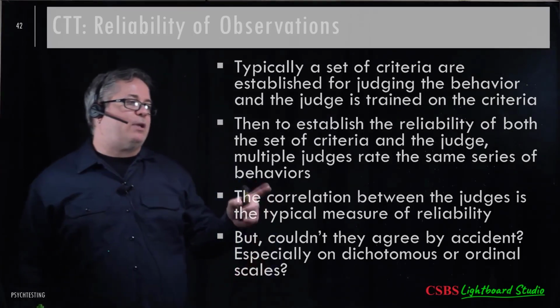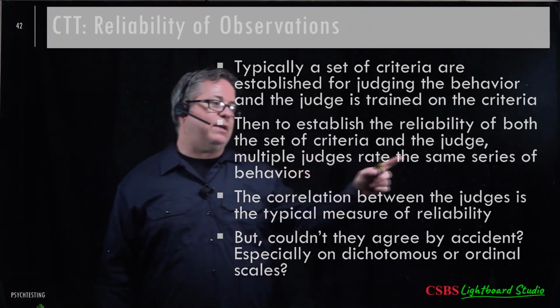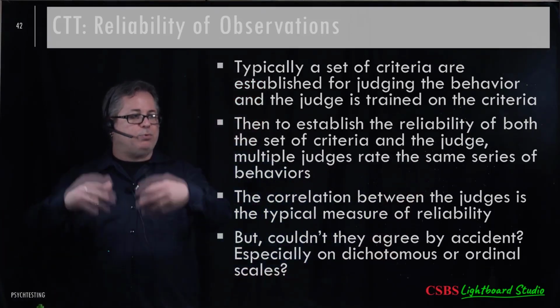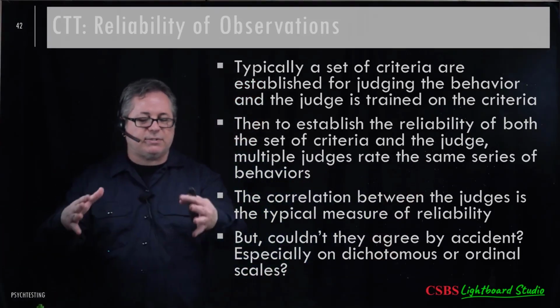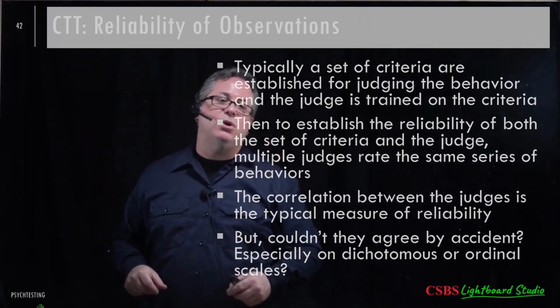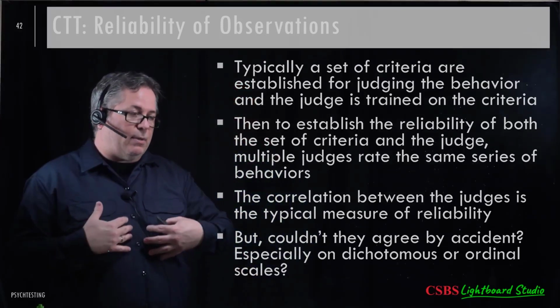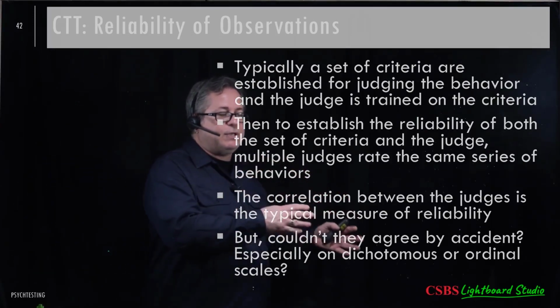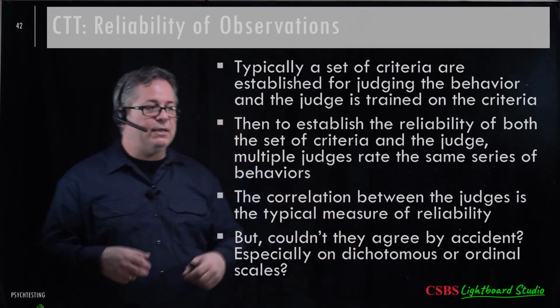Then to establish reliability of both the set of criteria and the judge, multiple judges need to rate the thing. Use the rubric and then watch the video and rate behaviors or whatever they're doing. They need to actually apply the rubric. Then you look at correlations between the judges to see how well they did.